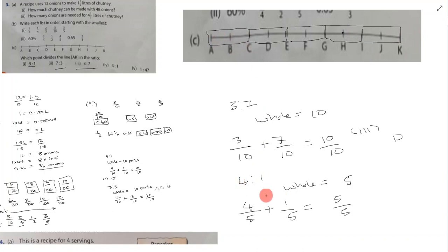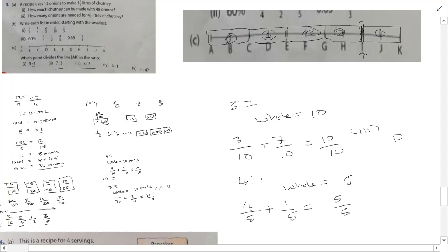So what we're being asked to do then is to split it again in the ratio. So where can we put a point so that on one side you have 4 parts and on the other side you have 1 part? So we can just go 1, 2, 3, 4. So if we put our point here, on the letter I, we can see here that on this side, this is 1 part, this is 2 parts, 3, 4 and 5 parts.